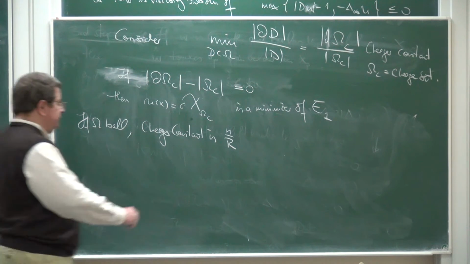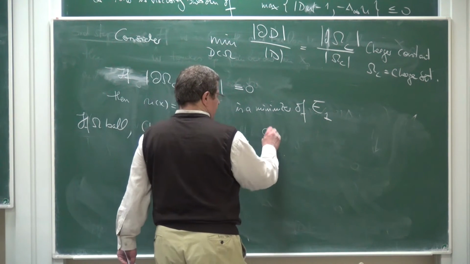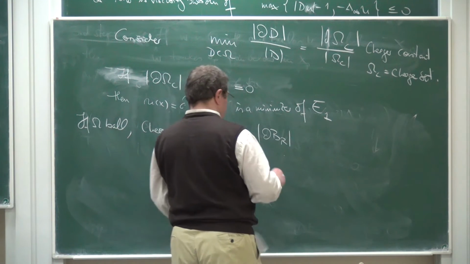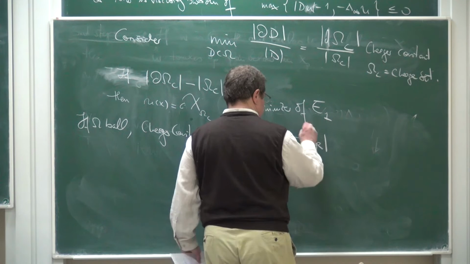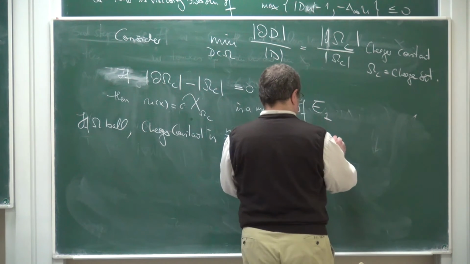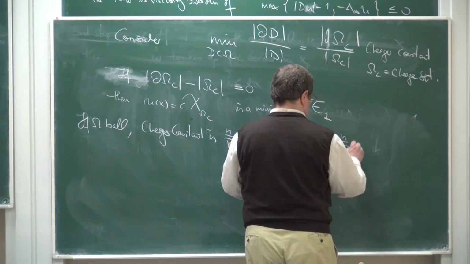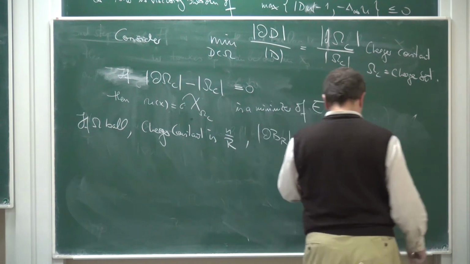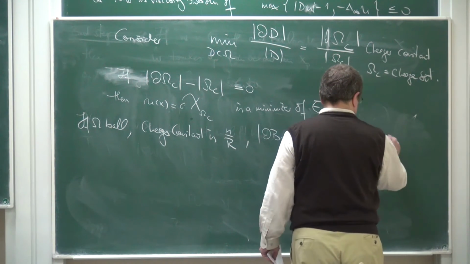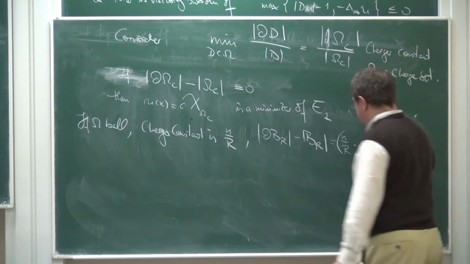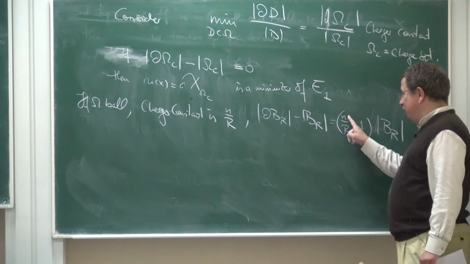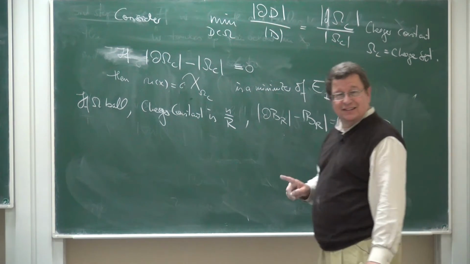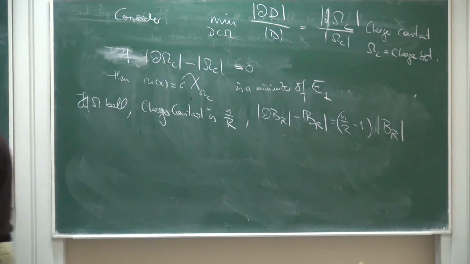And then the boundary of a ball of radius r minus the volume of br is n over r minus 1 times the volume of br. And this tells us why there is different behavior when r is bigger than n or when r is smaller than n of the radial solution.